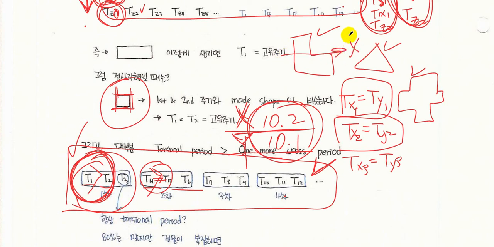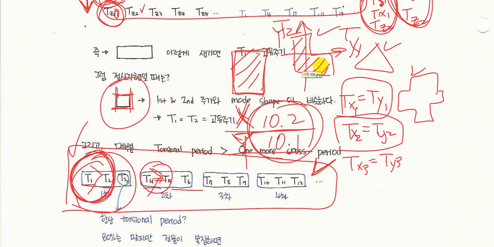TX1, and this is TX2, TY2. If we have a beautiful rectangular looking shape, right? But it is not. It is not a rectangular building. It is some weird type of building, and maybe this building's natural frequency and period are mixed up.